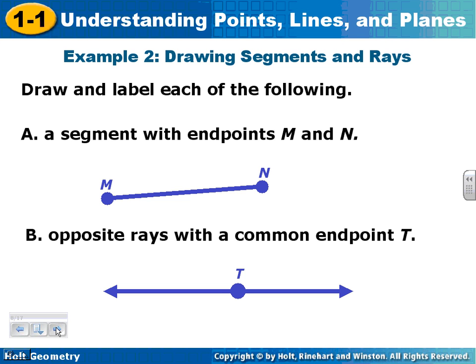It would look like that. Opposite rays with a common endpoint T. Now, a lot of times you're going to have other letters out here, like this could be point A, and out here would be point B. We don't have to do that because the problem doesn't tell us to.